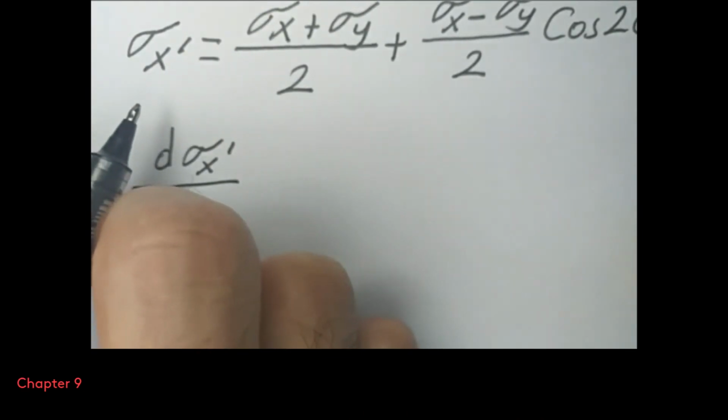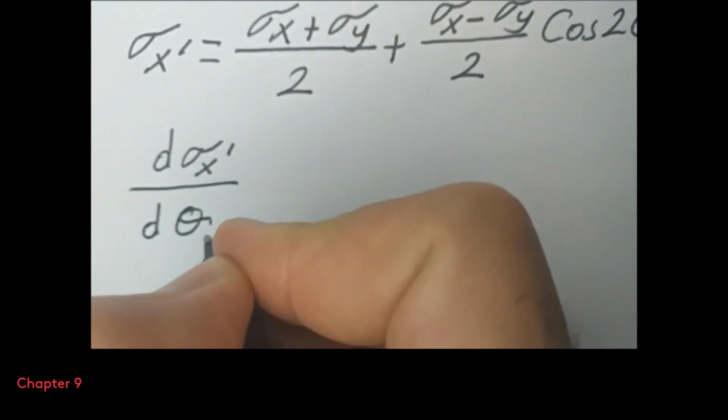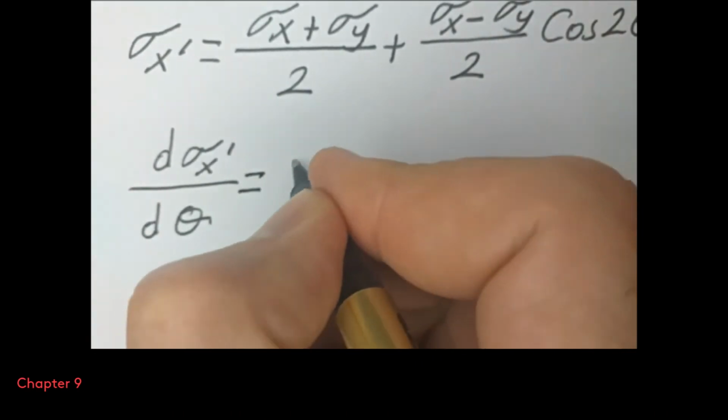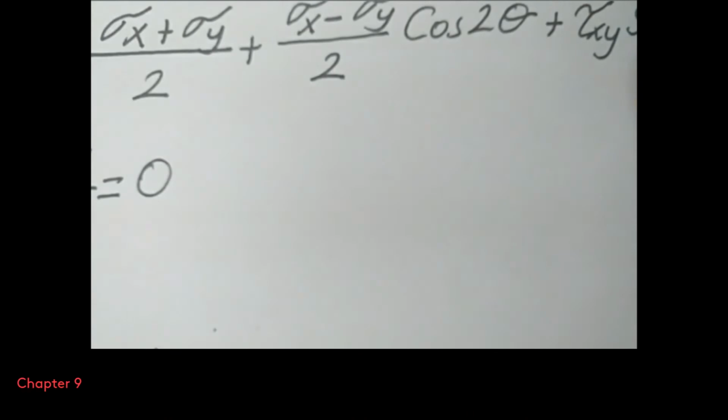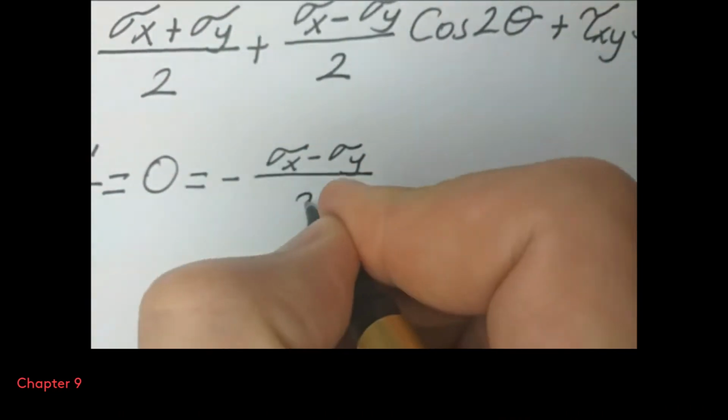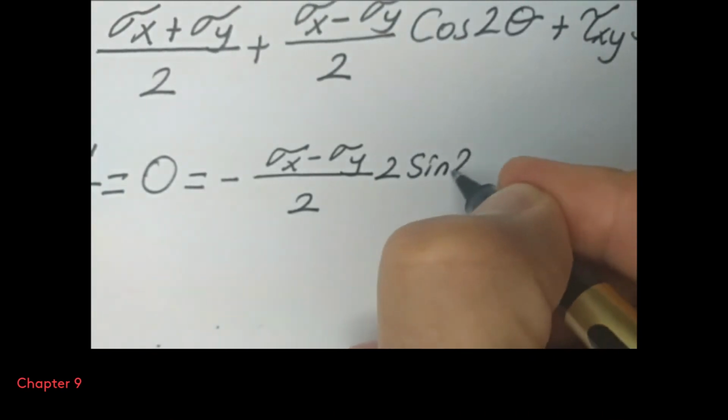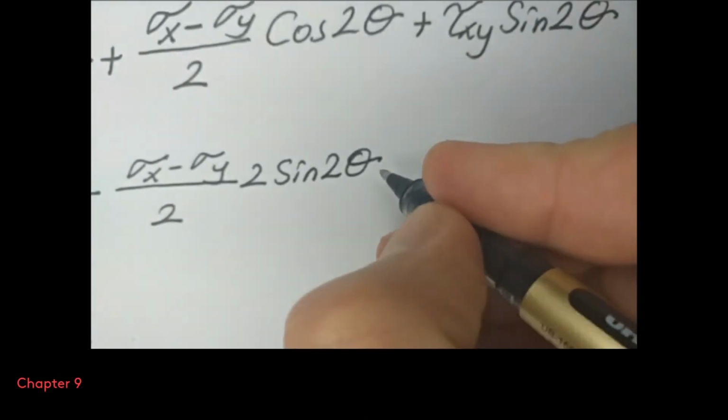If we take the derivative of it, what we are going to get is minus sigma x minus sigma y divided by 2 sine 2 theta plus 2 tau xy cosine 2 theta.